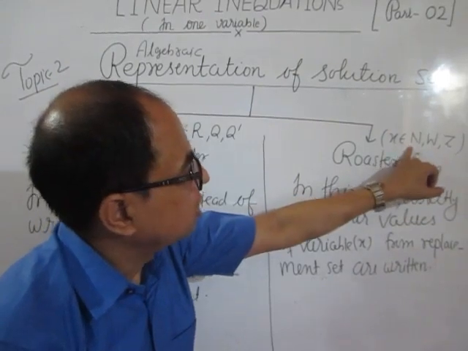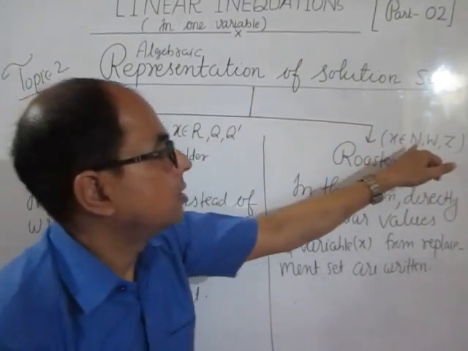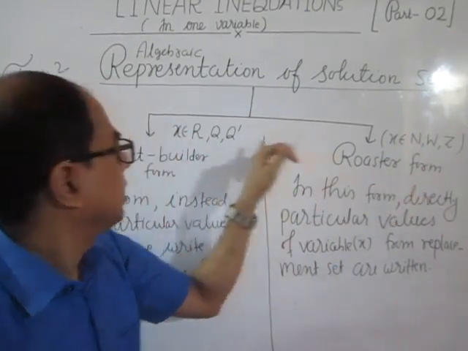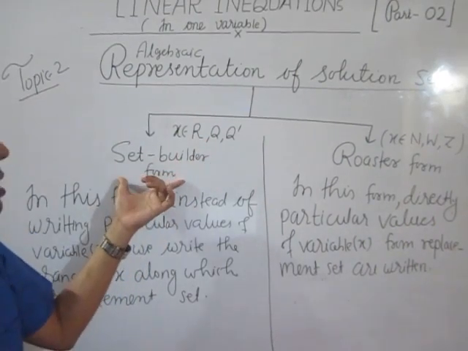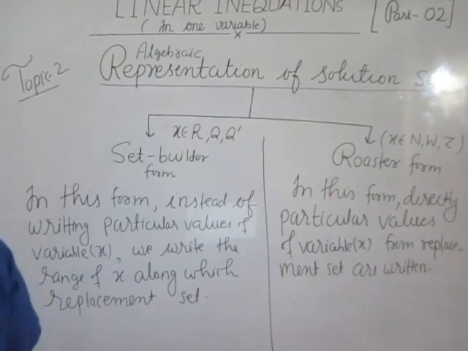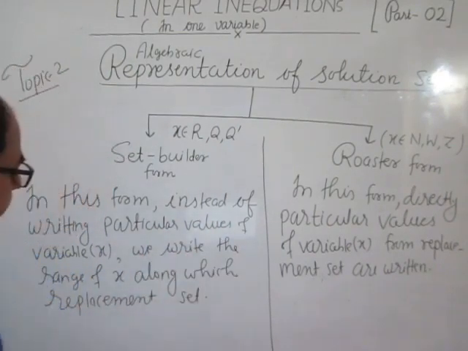You can write the solution set in set builder form also, you can write the solution set in roster form also. But here in this case we have only one option of set builder form. So let me discuss all these concepts with the help of an example.